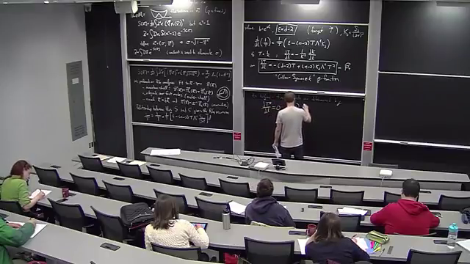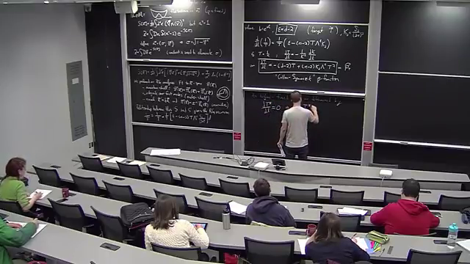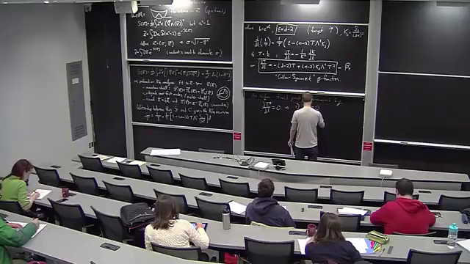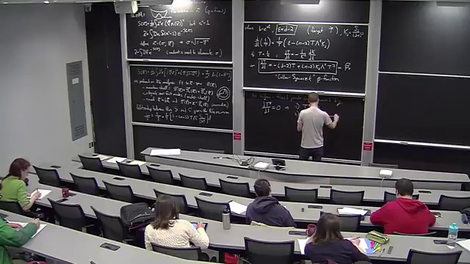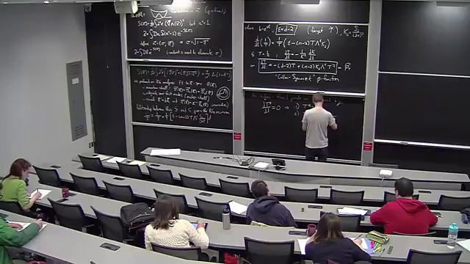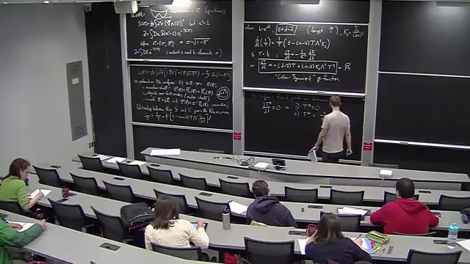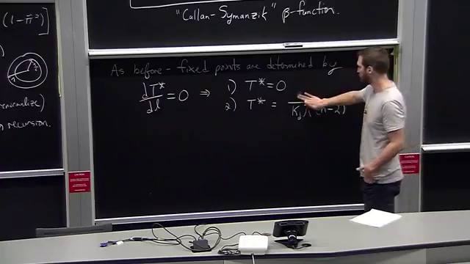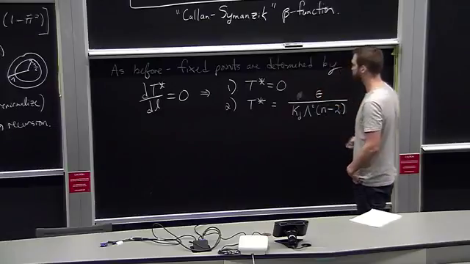So you get a trivial fixed point at 0 temperature, and you get a fixed point that's the analogy to the Wilson-Fisher fixed point. So I'm keeping the cutoff, so it's n minus 2. That's epsilon.